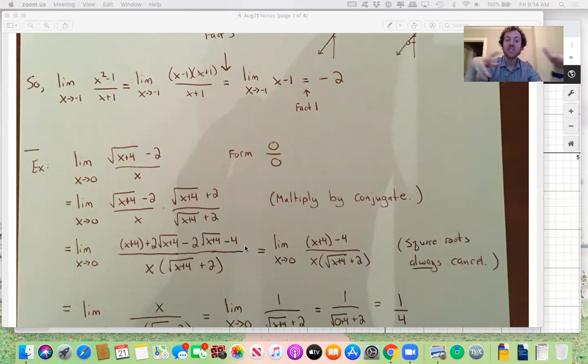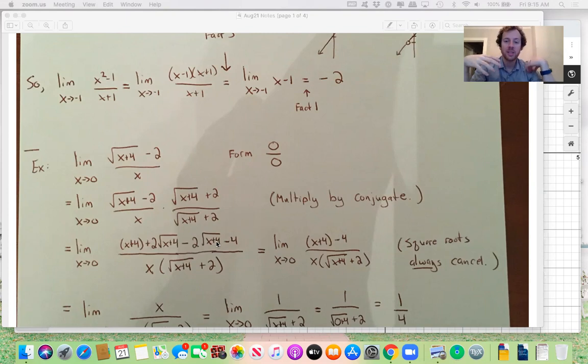Then what we see, and this is why multiplying by the conjugate is the right thing to do, is these two terms with the square root are exactly the same, except one of them's negative. And so we have 2 times this square root minus 2 times this square root. Those things cancel, and we don't have any square roots in the top at all.